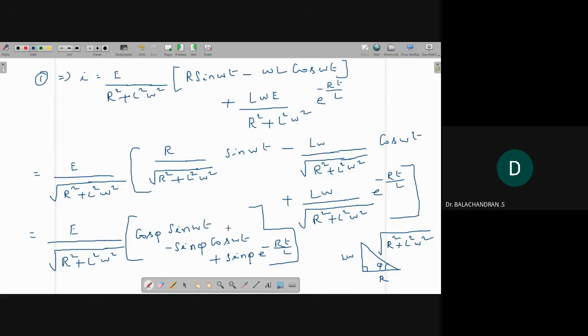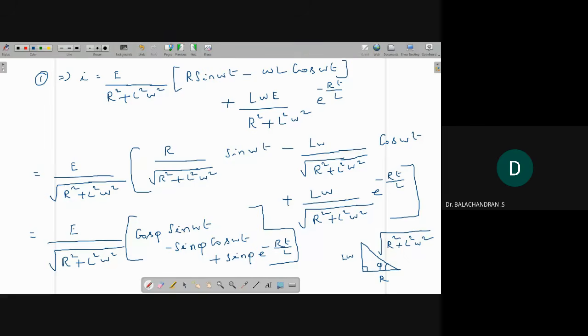That's why I'll write one by one here like this. Now, this is sin A cos B minus cos A sin B. So you can write sin of A minus B for the first two terms.